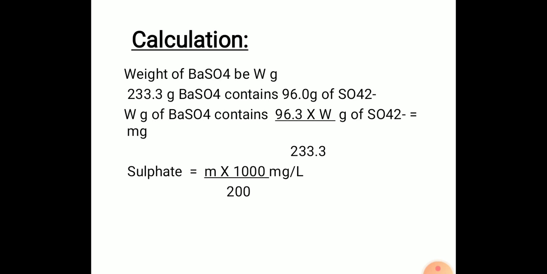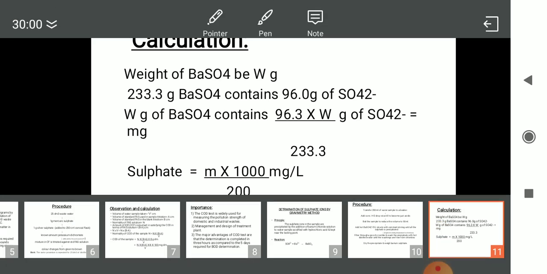So we can cross multiply here: we got W gram of BaSO4, that is barium sulfate. Just cross multiply and we get the formula: W gram of barium sulfate contains 96.3 into W gram divided by 233.3 gram of sulfate. Whatever answer we have got, we can call it M.